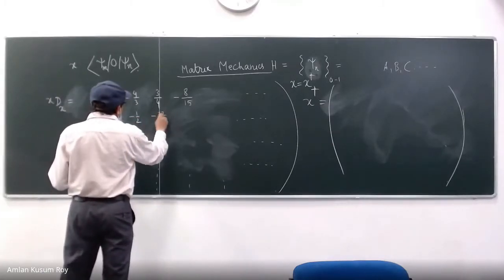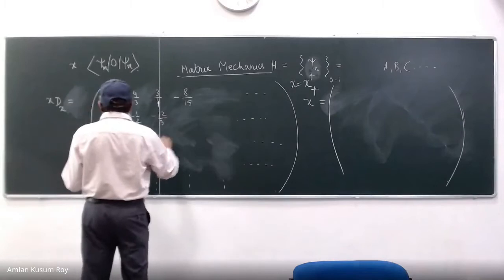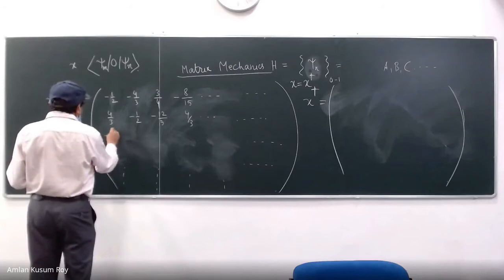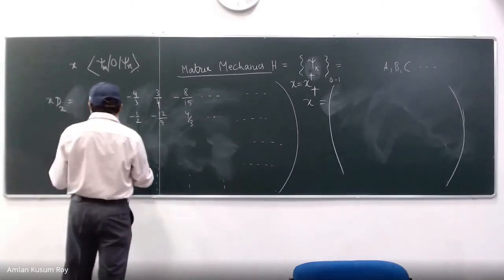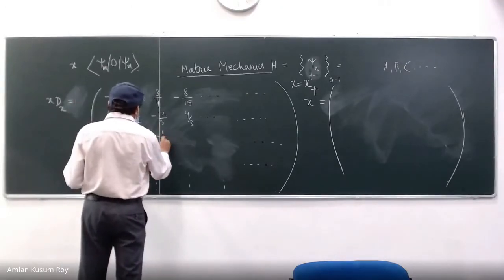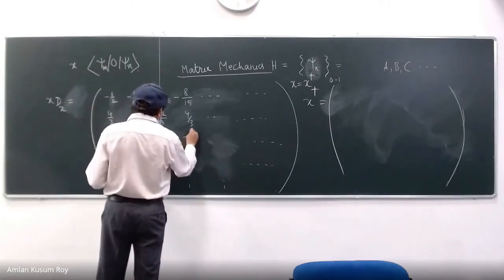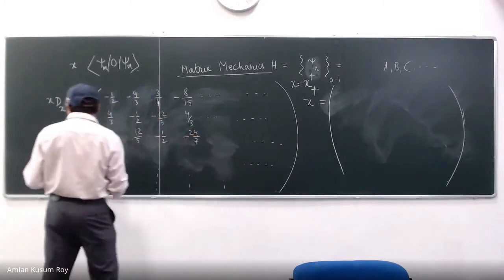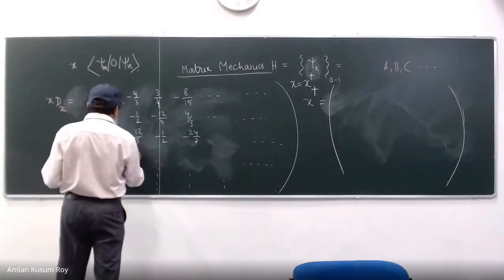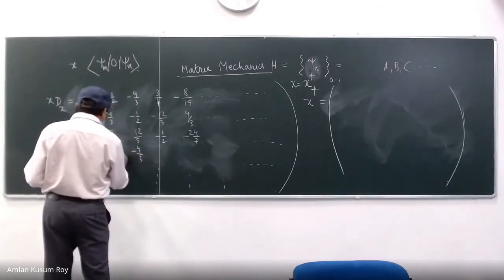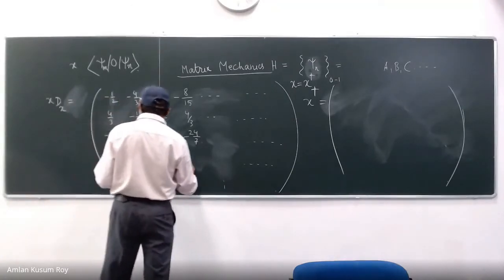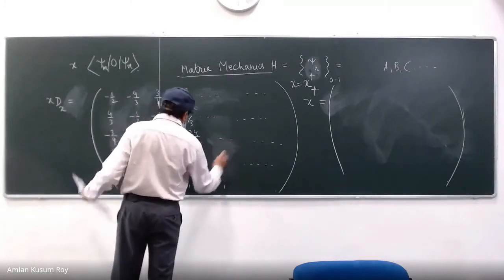Minus 12 over 5, 4 over 3, minus 3 over 4, 12 over 5, minus half, and minus 24 over 7, and then 8 over 15, minus 4 over 3, 24 by 7, minus half.